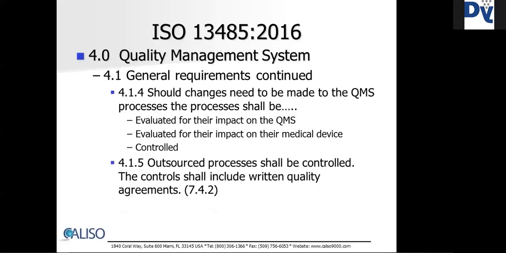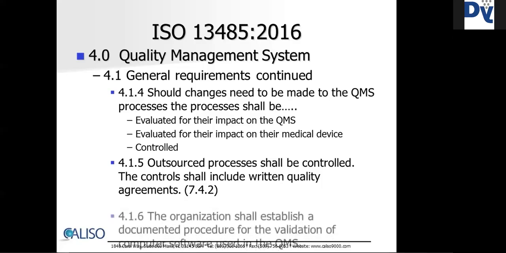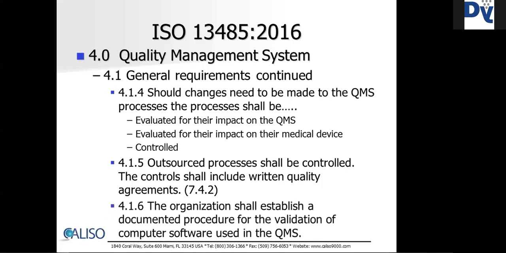Outsourced processes shall also be controlled, and the controls shall include written quality agreements. The organization shall establish a documented procedure for validation of computer software used in the quality management system. Software validation shall be proportionate to the risk associated with the use of the software.